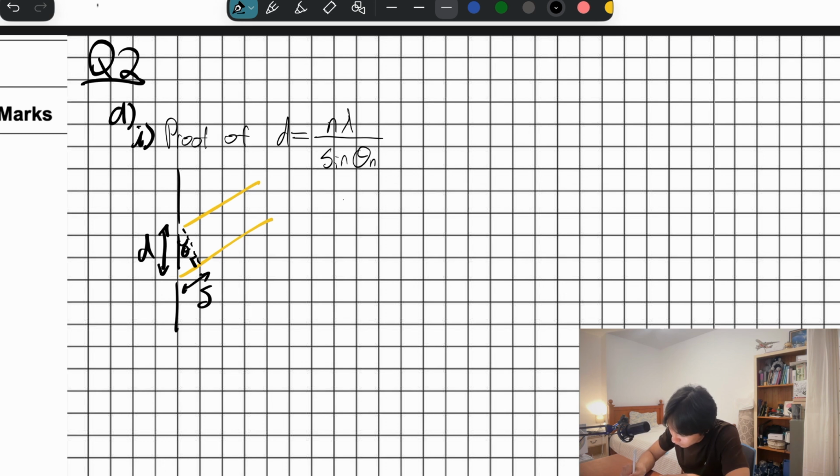So from the triangle, from the right angle triangle, we can deduce the following.